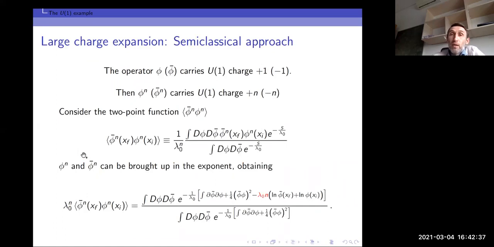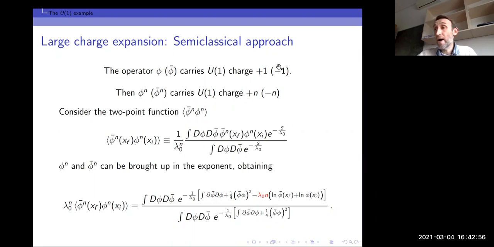And now we just make a little bit of a twist to this logic and try to come to the actual large charge expansion in the semiclassical picture. So we're talking about U(1) scalar field theory. So our fields phi and phi bar carry charge plus or minus 1.